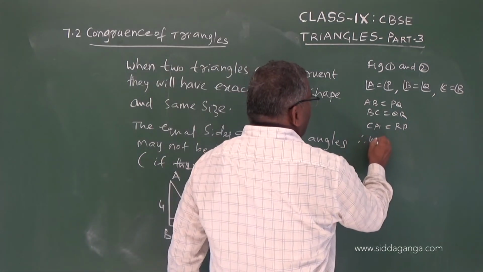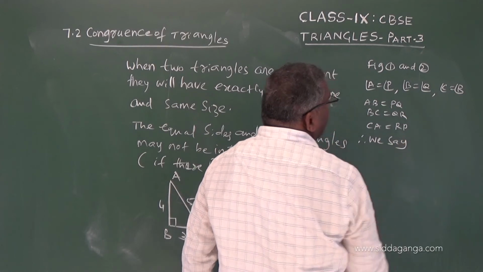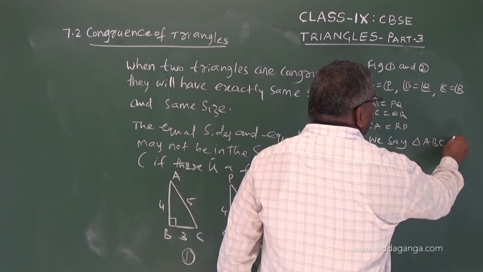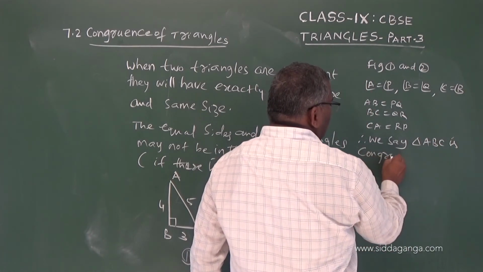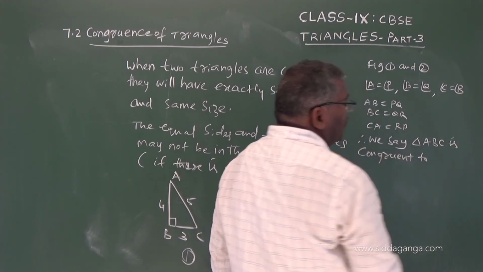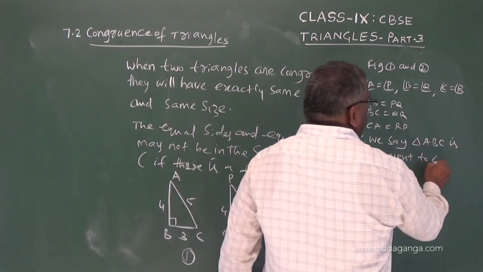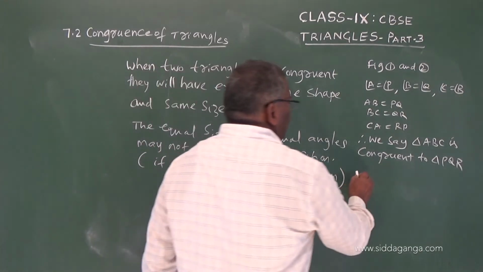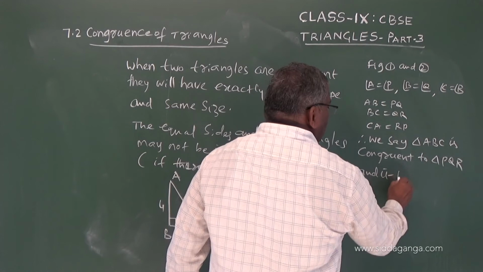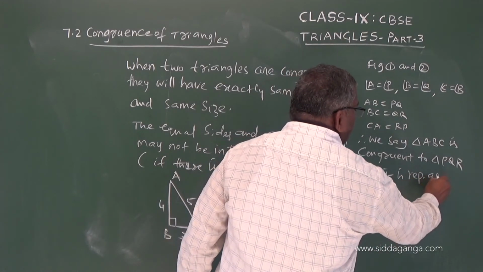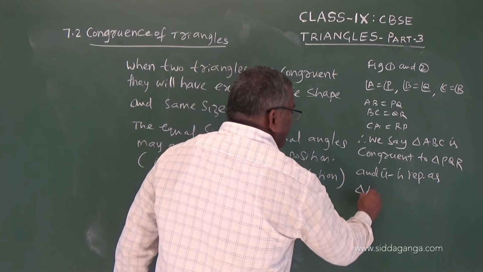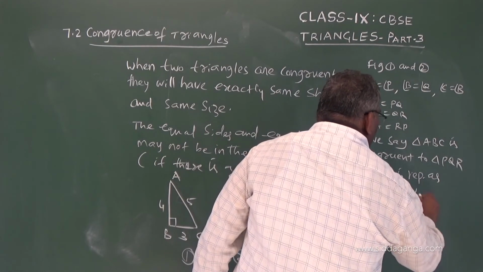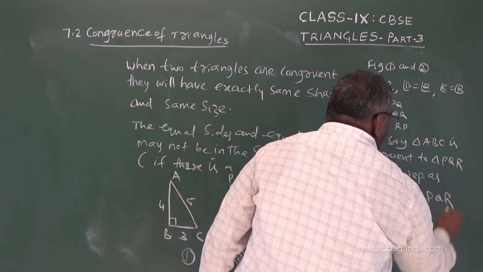So therefore we say triangle ABC is congruent to triangle PQR, and it is represented as triangle ABC congruent to triangle PQR.